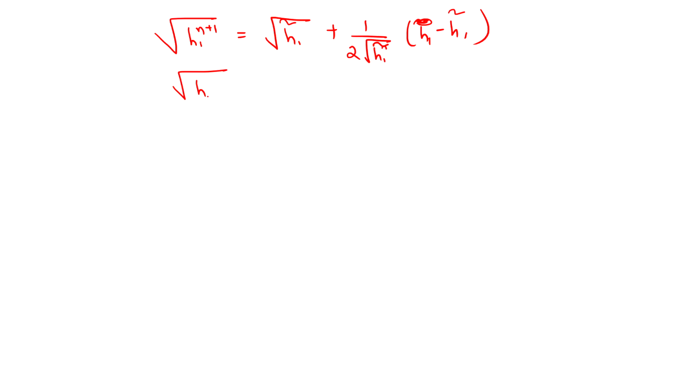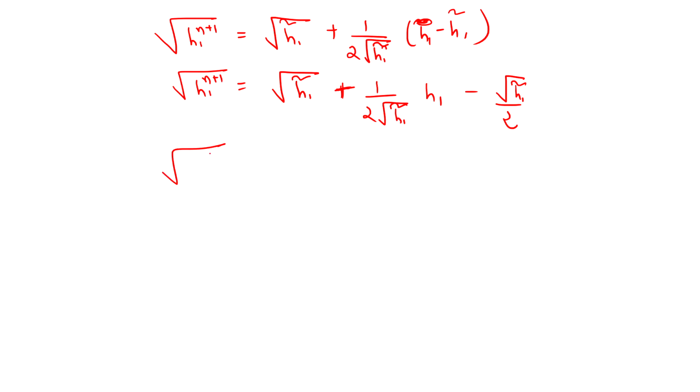That essentially means root h1^(n+1) is nothing but root h1 tilde plus 1 upon 2 root h1 tilde h1 minus root h1 tilde divided by 2. So essentially this becomes root h1 tilde divided by 2 plus 1 upon 2 root h1 tilde h1.